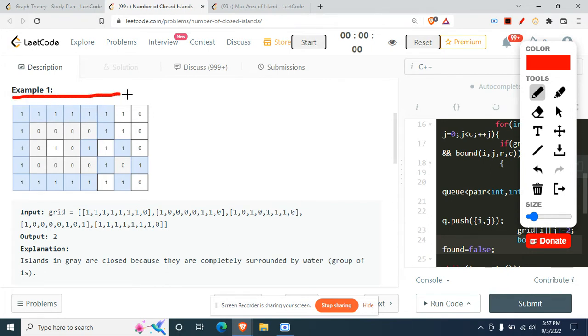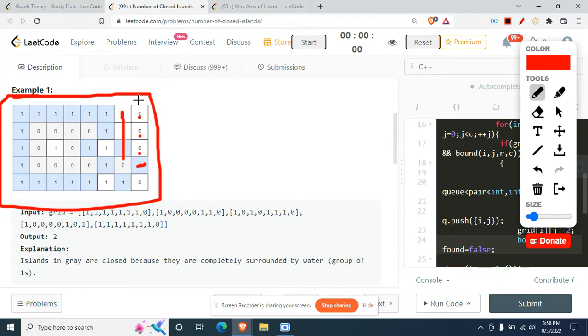And mind you, they have said that the out of boundary cases are not actually water. What do we mean by that? See, here is an island, this is an island, this is an island. It is surrounded by water from here and here. Why can we not consider this as an island?